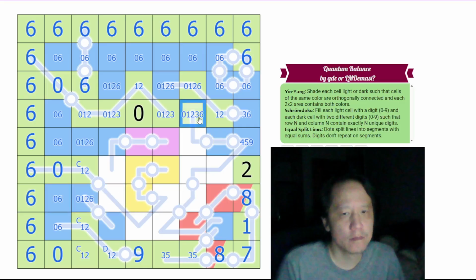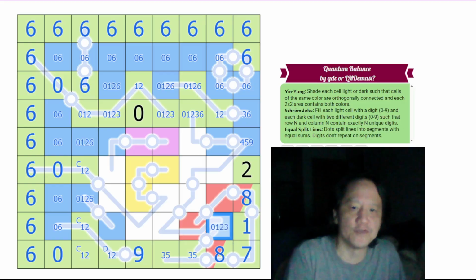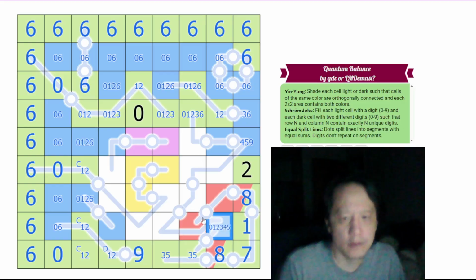Okay. This is blue. So it adds up to 5. So this is 0 through 5 here. This is a value of 8. So this is a value of 8.